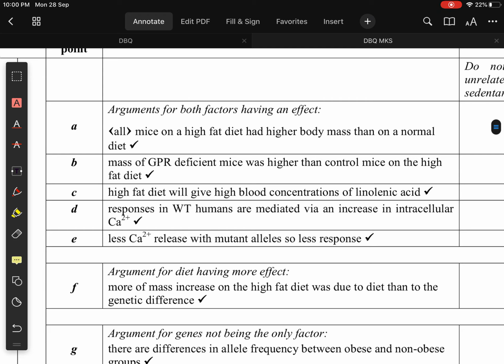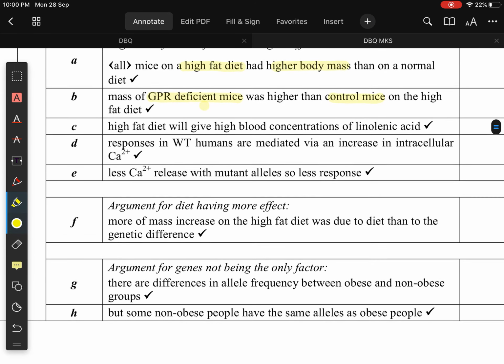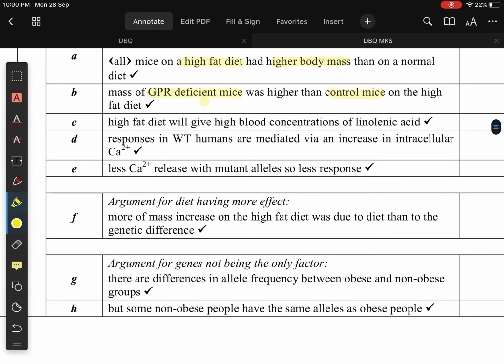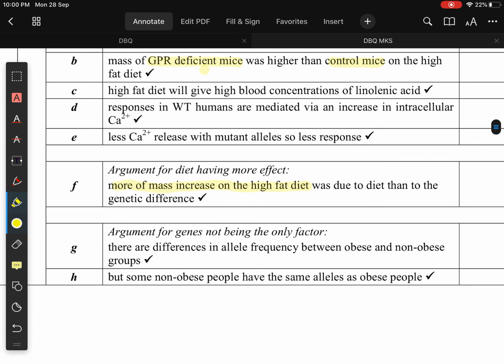Argument for both factors: mice on a high fat diet had higher body mass, and the body mass of the mutant mice was higher than control, so this becomes genetic. High fat diet will give this, then you can explain with the linoleic acid concentration graph. So both factors are affecting this. Diet has more effect because you see more increase in mass with the high fat diet.